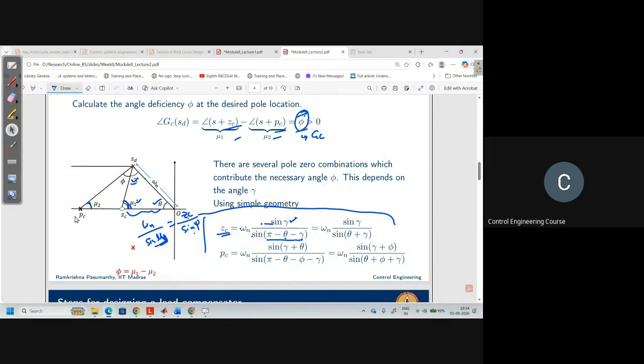For this one, omega n by sine mu2 equals this length PC, right? Now PC by this angle.